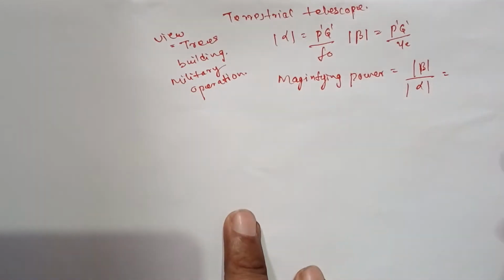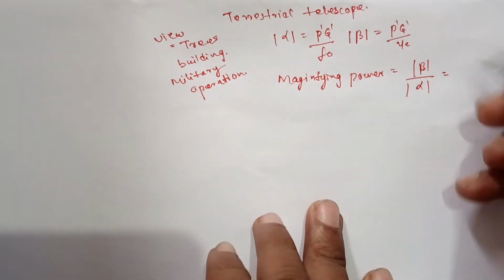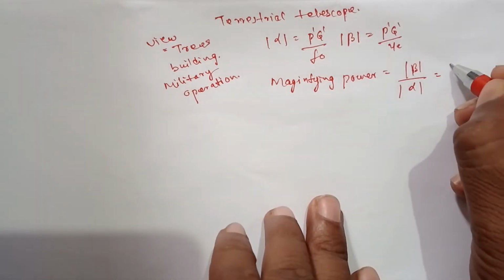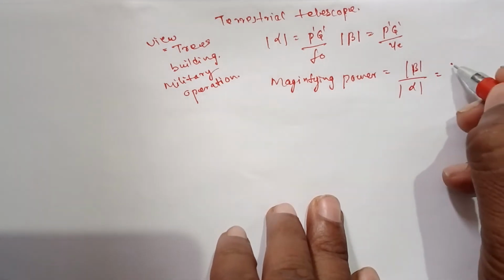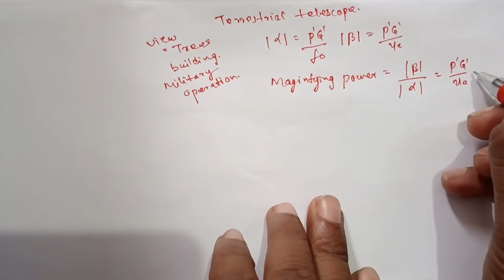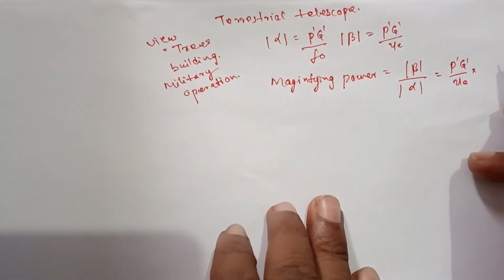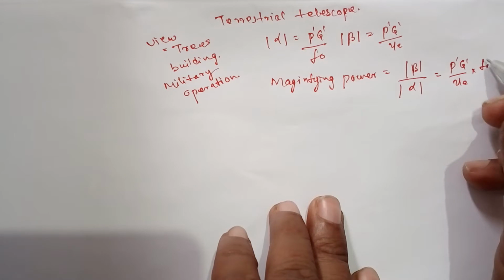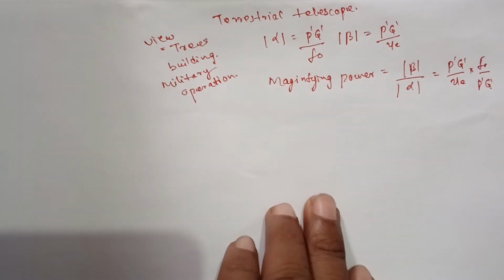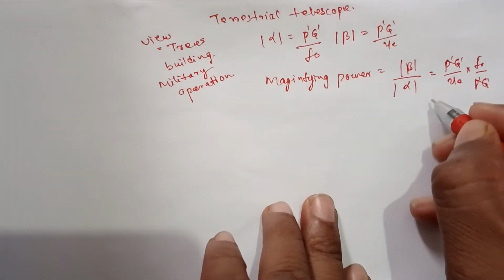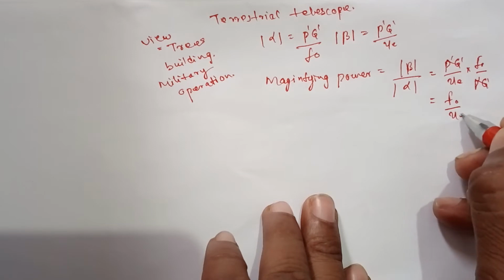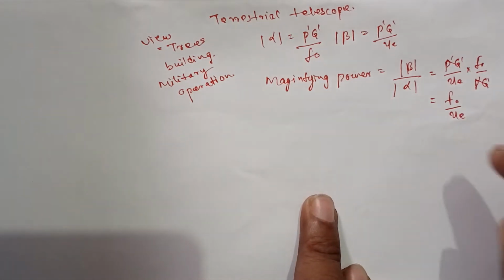Here beta and alpha are the angles. So it is p dash q dash by ue into f naught by p dash q dash. We can cancel p dash q dash, so the result is f naught by ue.